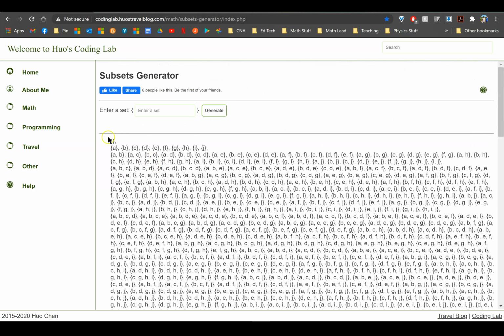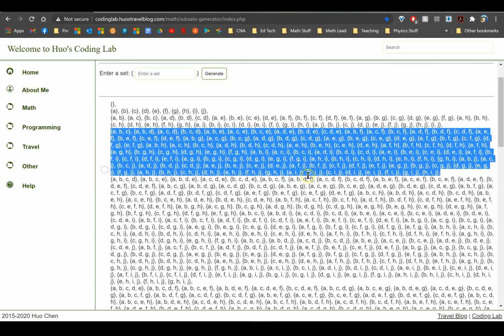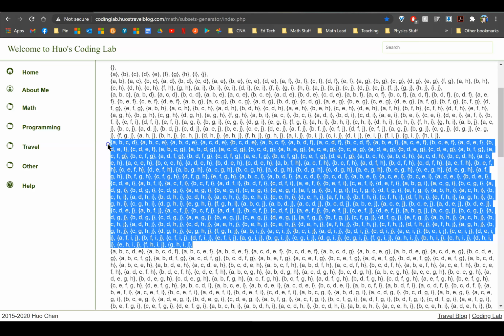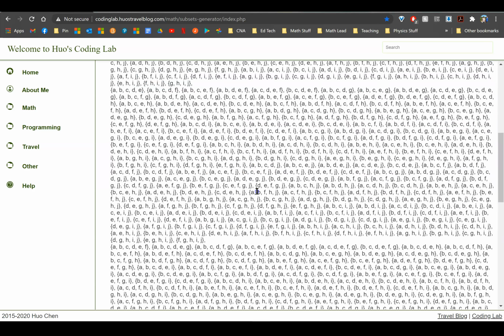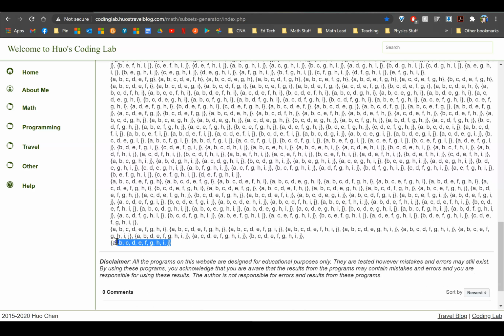Well, I'll give you the structure. The empty set, all the different unique 1-element sets, all the different unique 2-element sets, all the different unique 3-element sets, all the different unique 4-element sets, 5-element sets, 6-element sets, 7, 8, 9, and then your 10-element set is the set itself.